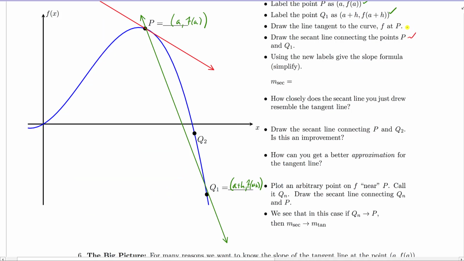Okay. All right. So now I'm asking you to go ahead and again give the slope of the secant line, but now, instead of using the ordered pairs from the previous page, we're going to use this pair of ordered pairs. So we're still going to say that's y2 minus y1.